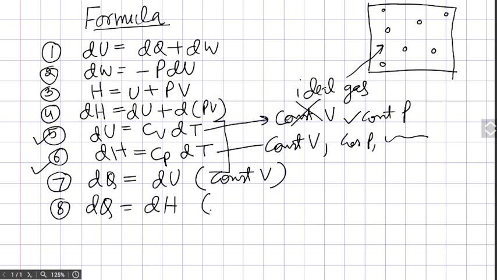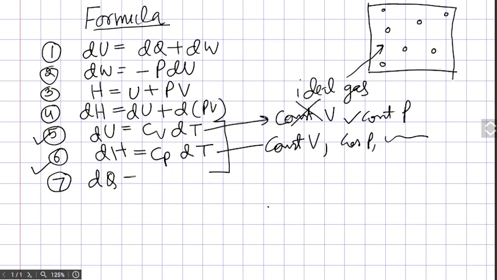It will be only when it is a constant pressure process. Even if you are dealing with ideal gas, this will be true. So in a way you can keep your formulas only up to this. These six equations are important, and for ideal gas the formulas 5 and 6 you can use in all the processes.